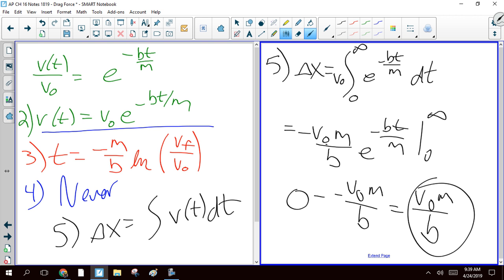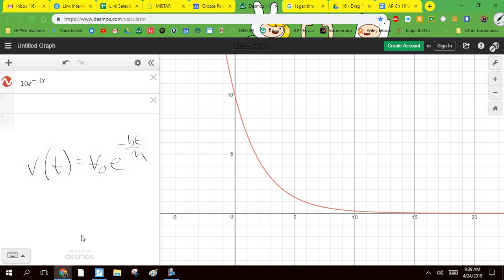So I don't know if this will help at all. If you graph the displacement, I'm going to add in another graph here. So the integral of this, I'm pointing at my computer screen, the integral of this is negative, what would it be? If I took the derivative, I'd get 4.